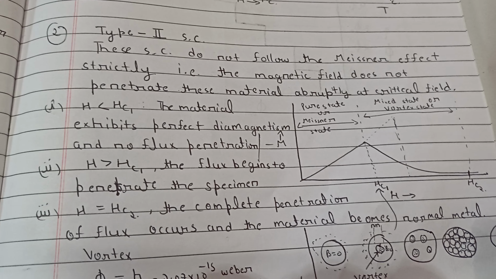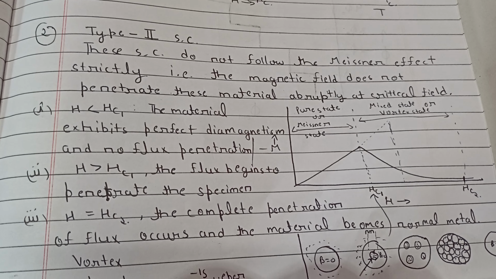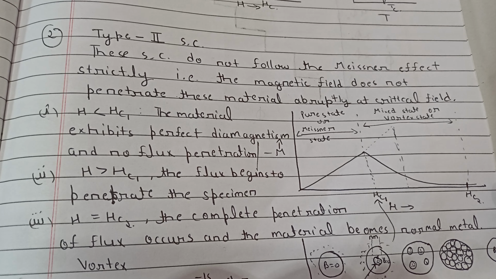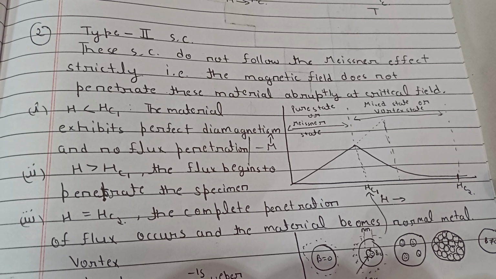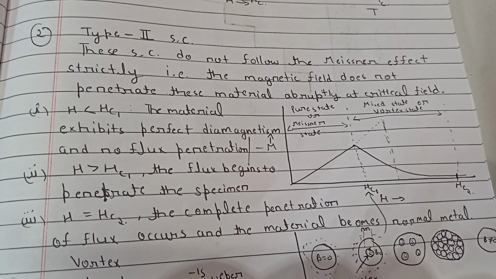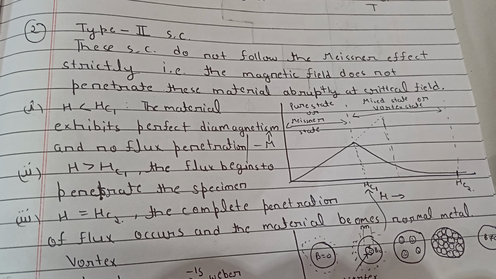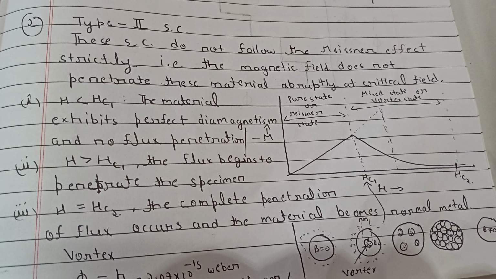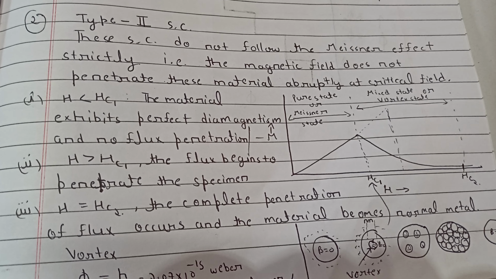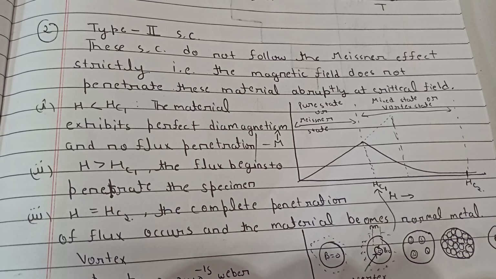These superconductors do not follow the Meissner effect strictly. That is, the magnetic field does not penetrate the material abruptly at the critical field. It's not like the critical field is reached and abruptly the field comes into the superconductor. It comes gradually in the form of vortices.